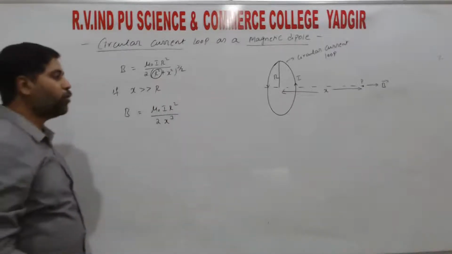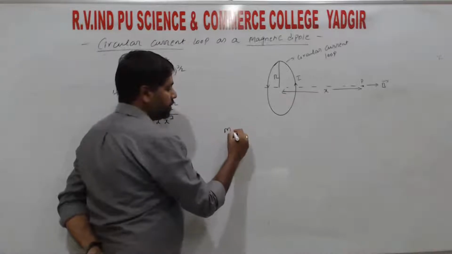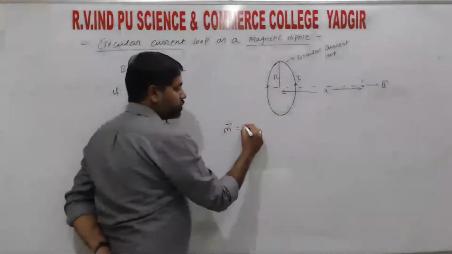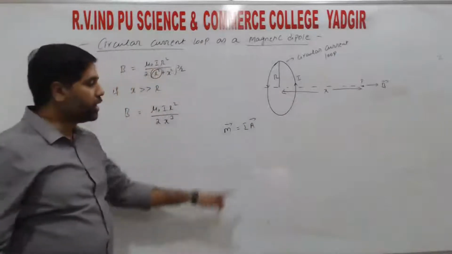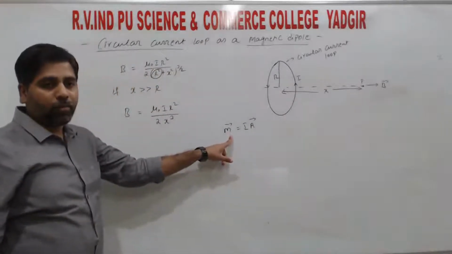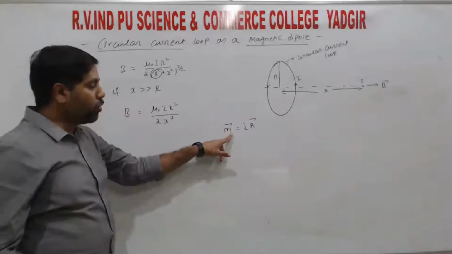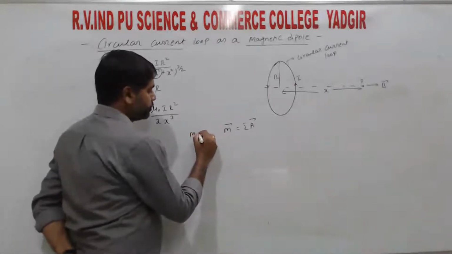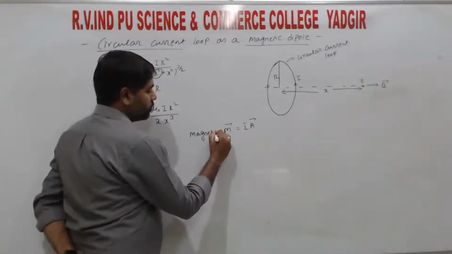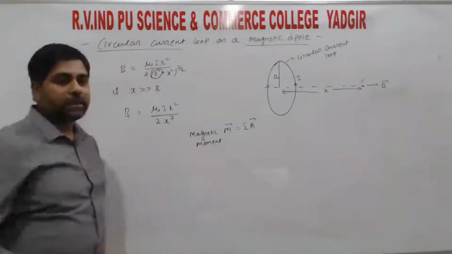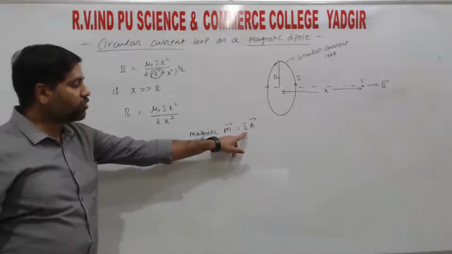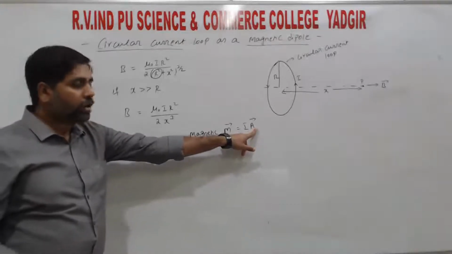So magnetic dipole moment. In the last class we discussed the M, that is equal to current into area, right? So this represents the magnetic dipole moment, right? So magnetic moment is denoted by M, and that is equal to the current into area, right?